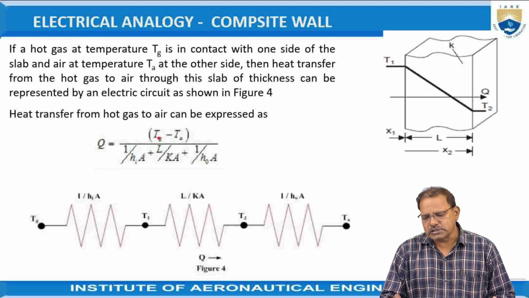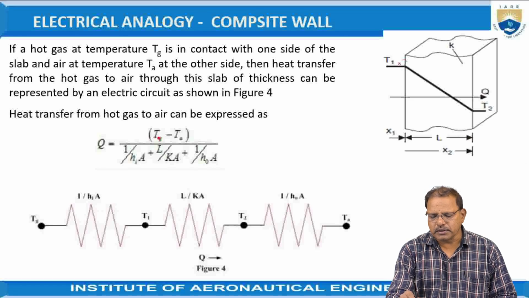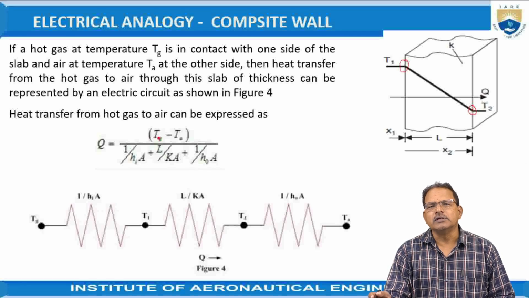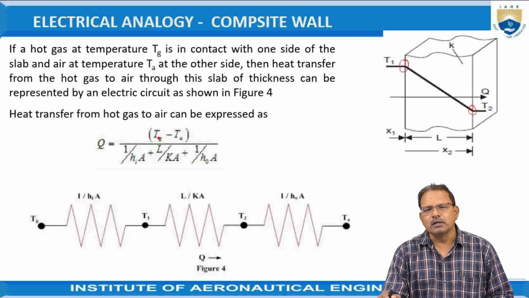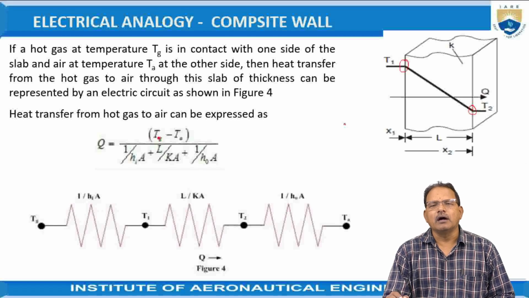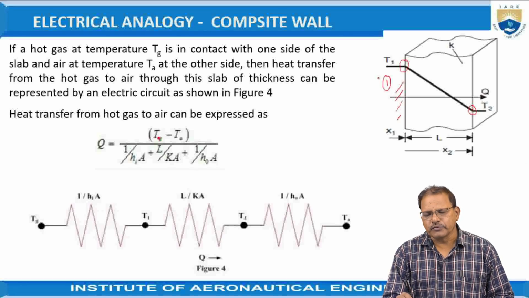Here the wall has a thickness L. T1 represents the temperature at the inside of the wall, which is in contact with the hot fluid, and T2 represents the other end of the wall, which is in contact with the fluid at lower temperature. The heat energy from the hot fluid is transferred to the inlet surface, represented here as 1.